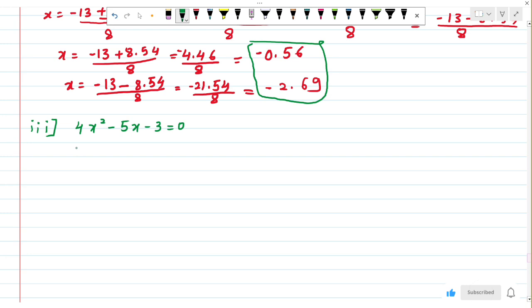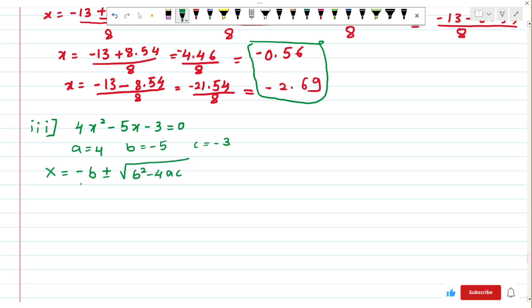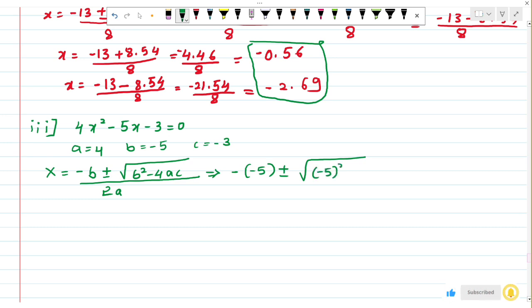I'll write the values of a as 4, b is equals to minus 5, and c is equals to minus 3. I'll substitute in the formula, that is minus b plus or minus root of b square minus 4ac divided by 2a. So minus b is minus of minus 5, plus or minus root of b square is minus 5 square minus 4 into a is 4 into c is minus 3, divided by 2 into a is 4.